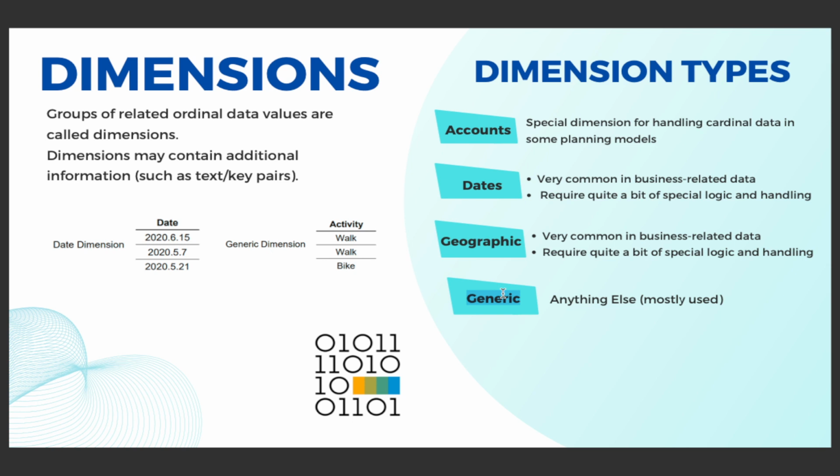In generic dimensions we can add anything, and I have written that it is the most used by us. In generic dimension we add the activity we have done, the customer name, the product name. So everything we add in generic dimension.